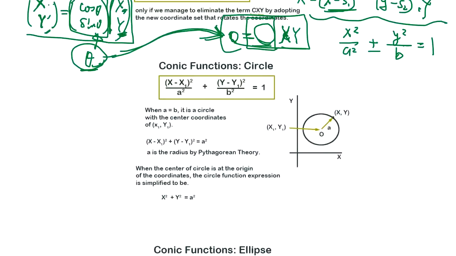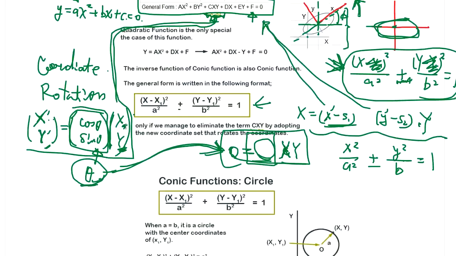So after eliminating the tilting, it becomes like this, plus minus. If minus, it looks like a hyperbola.